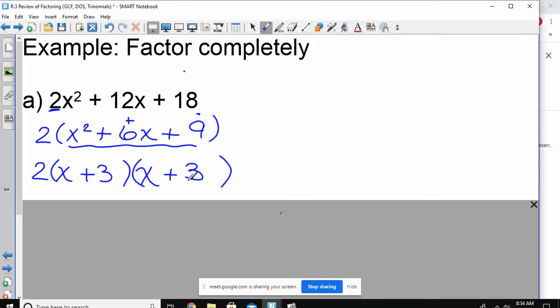That's 3 plus 3. What's another way you could write that? Good. So if you have the same thing twice, you can write it twice or write it squared. I don't care.